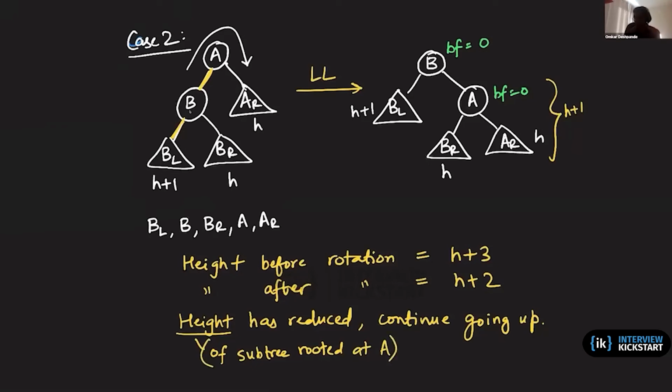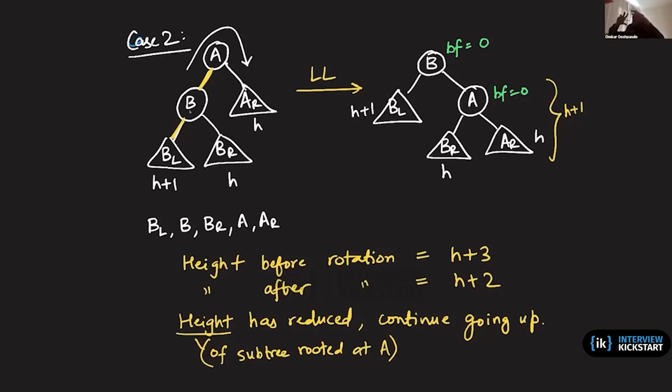Oh, okay, because when you mentioned the height before rotation h plus 3 and then h plus 2, that's what I was thinking. Height has reduced from h plus 3 to h plus 2. So that means we still have to go up. No. It's just that things were skewed, and after rebalancing, the subtree became shallower as a whole because things are more balanced now. Okay.